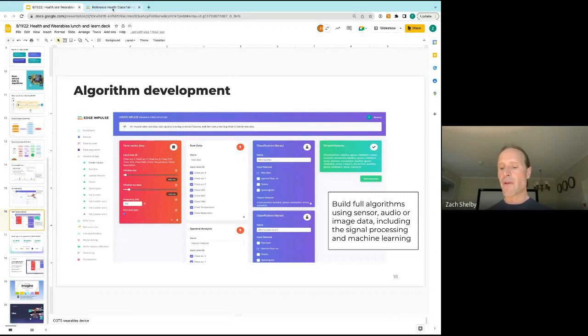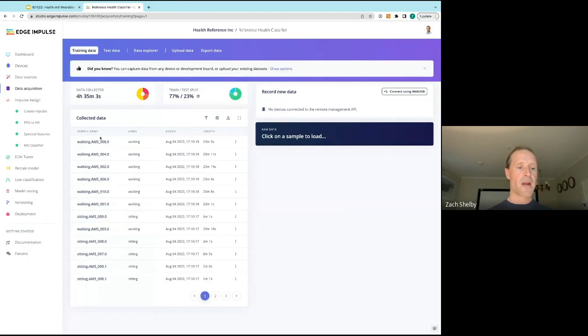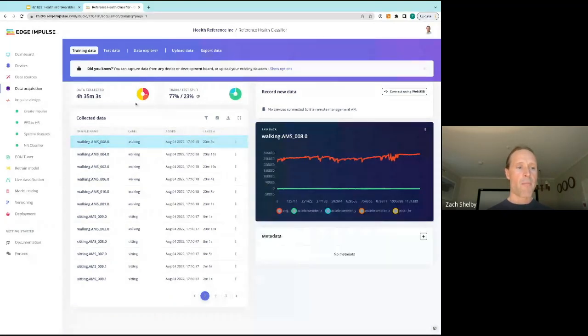I don't want to dive into our Q&A time too much, but just to show another example of a kind of algorithm that we have people working on all the time in digital health. This is a case of data coming from about 4.5 hours of data on running, sitting, and walking, measuring 3-axis accelerometer, PPG, and then using a polar heart rate sensor in parallel to that.